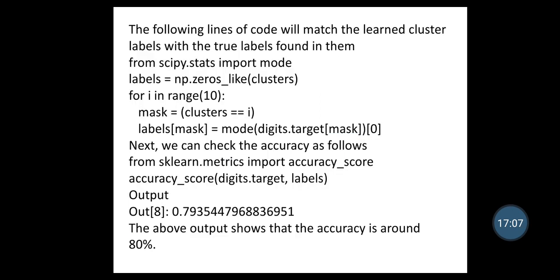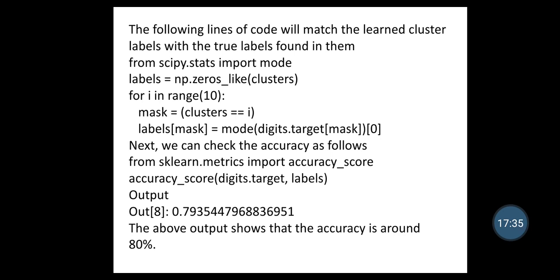The following lines of code will match the learned cluster label with the true label found in them. From scipy.stats import mode. Here scipy is a library, and we import stats for the statistical calculations and then import mode.